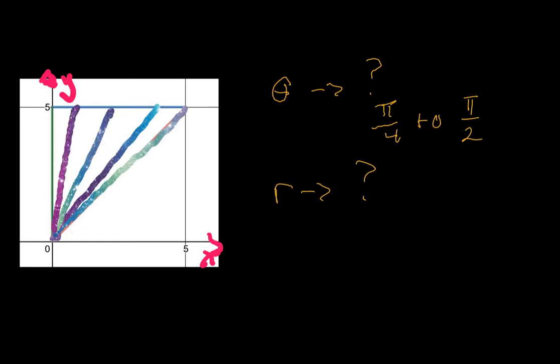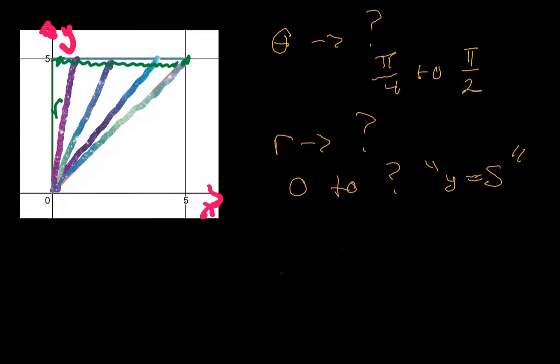As we go from 45 to 90 degrees, the distance r actually gets shorter as we go from here to here along this pi over 4 to pi over 2 notation. So we actually have to look at this as the radius going from the origin, 0, to question mark, which appears to be whatever the line y equals 5 is. Well, that's not polar at all.